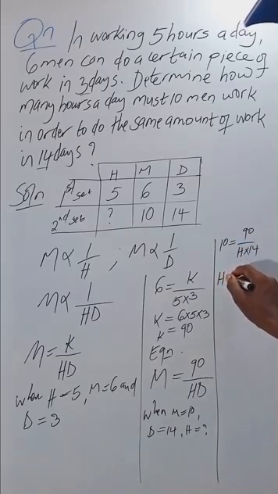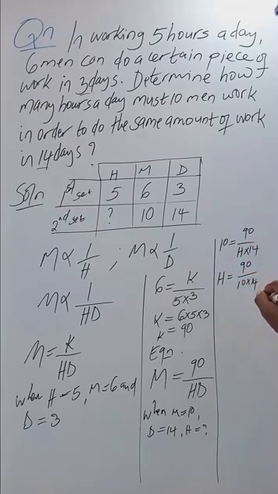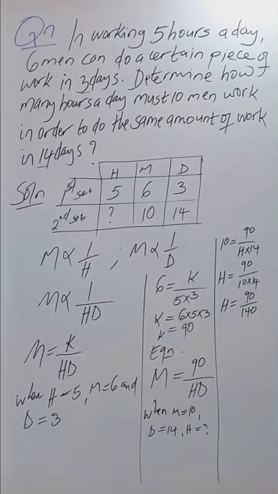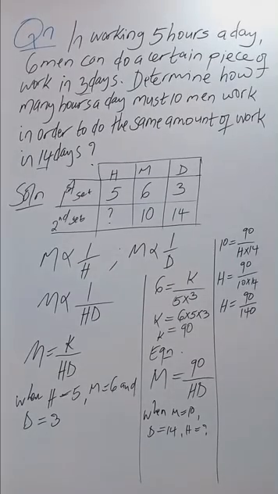Making H the subject, from here we have 90 over 10 times 14. So H equals 90 over 140. Dividing 90 by 140, we get H to be equal to 0.6429. Remember, these are hours.